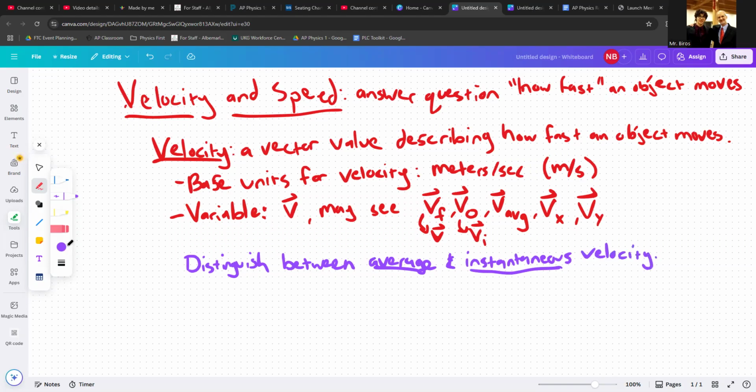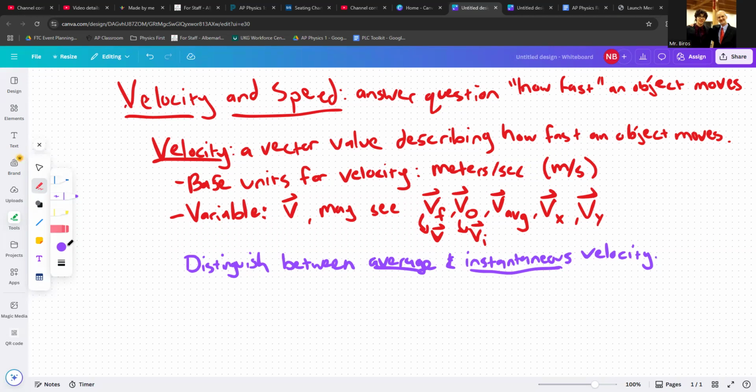Instantaneous velocities would be all the other ones besides average. Final and initial velocity are the most obvious. Let's say the problem we are solving has a 5-second time interval. At the beginning of those 5 seconds, we have an initial velocity.